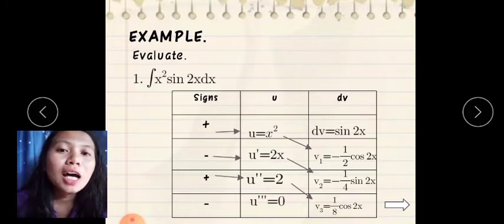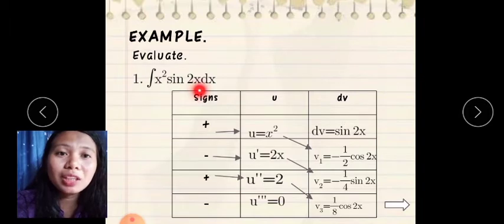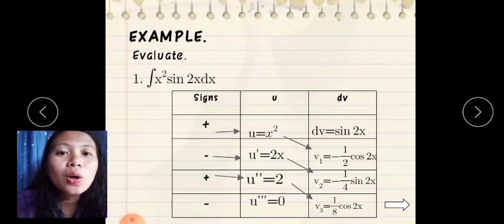So, in LIATE, the algebraic function comes first. So, we have u is equal to x squared, and our dv is equal to sine 2x.